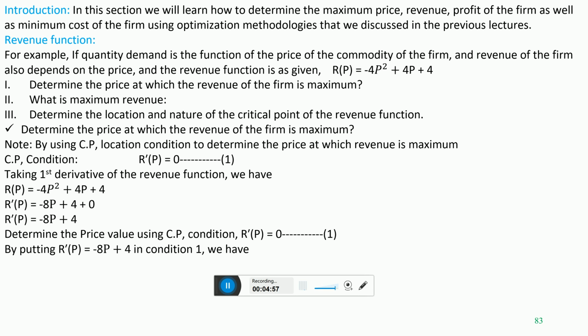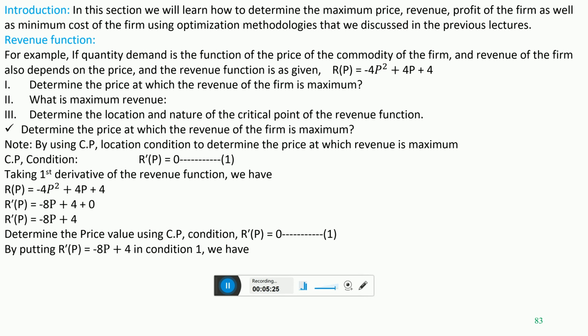So we will use the optimization methodology maxima and minima, where we learn the concept of critical points. What are critical points? The highest point of the function or lowest point of the function are called critical points.